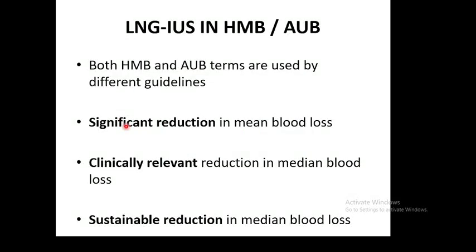Okay, AUB. There is significant reduction in mean blood loss, and the amount of blood loss reduction is clinically relevant. It doesn't reduce the blood loss by say 2-3 milliliters. There is a clinically relevant reduction of menstrual blood loss, and this effect is sustainable.